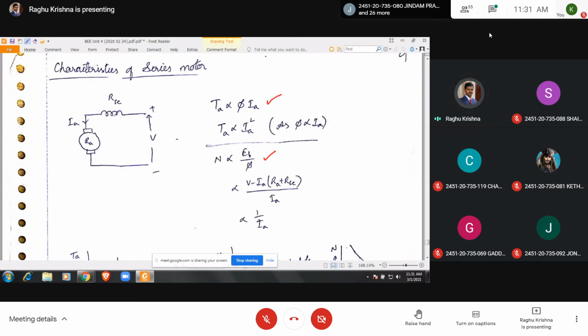So torque is proportional to Ia square. Now coming to speed. Speed is proportional to EB by phi. EB you can write as V minus Ia into RA plus RSC.